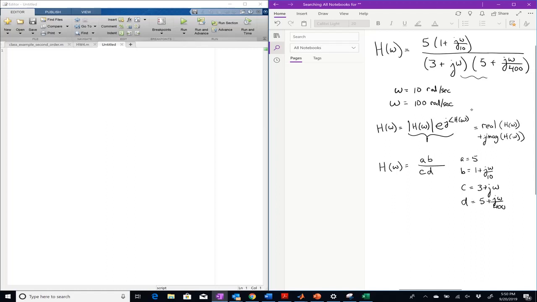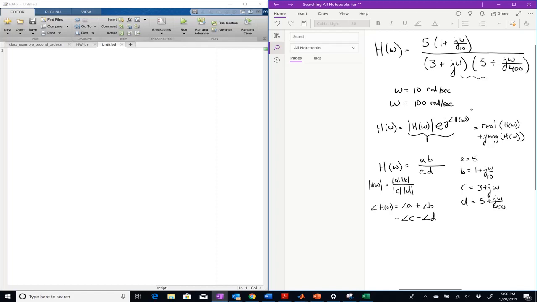Okay, this guy right here could be expressed as magnitude A, magnitude B, over magnitude C, magnitude D. In other words, that's the magnitude of it. So the magnitude of H of omega is that. The angle of H of omega is the angle of A plus the angle of B minus the angle of C minus the angle of D. Right? Like that.